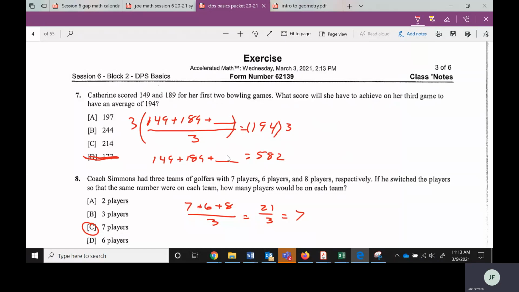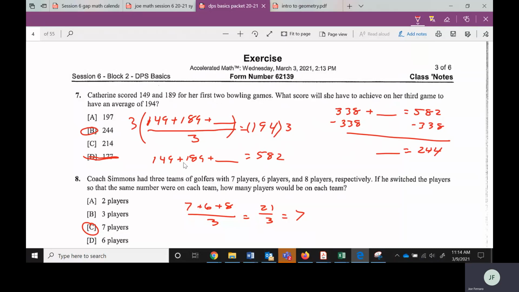Okay, so I'm going to do one more step. Let's add these 2 together and figure out what I have total right now. If I add those together, it's 338 plus my 3rd score has to equal 582. I'm going to subtract 338. So this missing score is a pretty high score, 244.